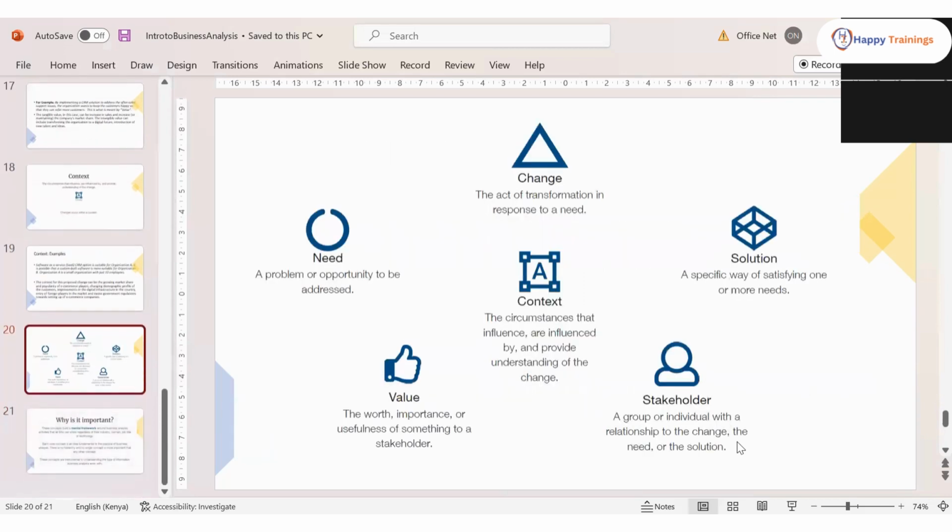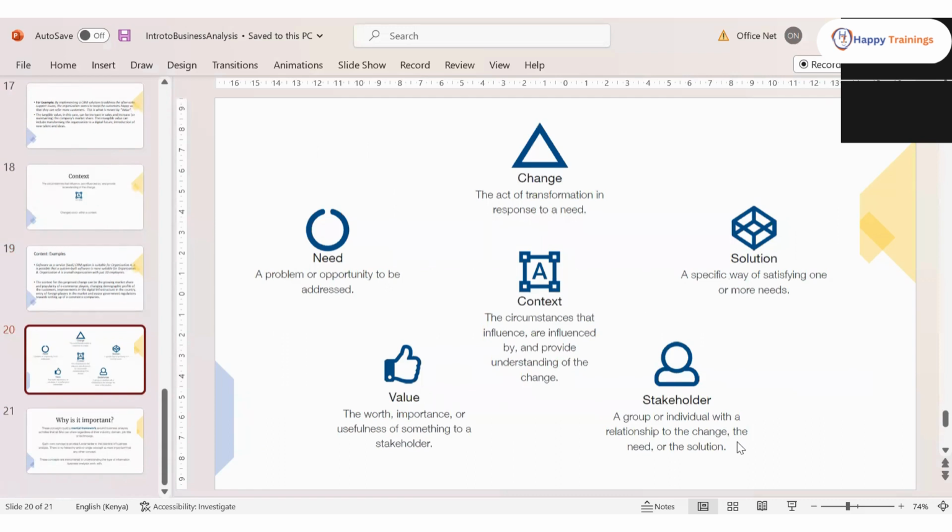So this is how we look at the BA core concept model. It is very important, and as a business analyst, we must understand this. A need: a problem or an opportunity to be addressed. Change: the act of transformation in response to that need. A solution: a specific way of satisfying one or more needs.